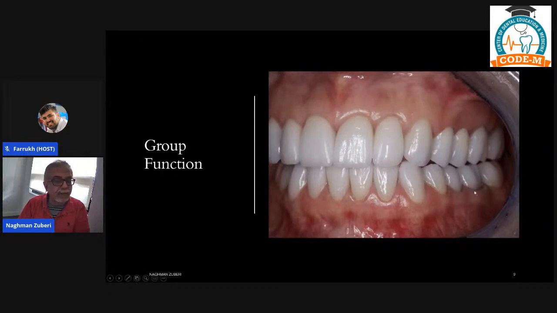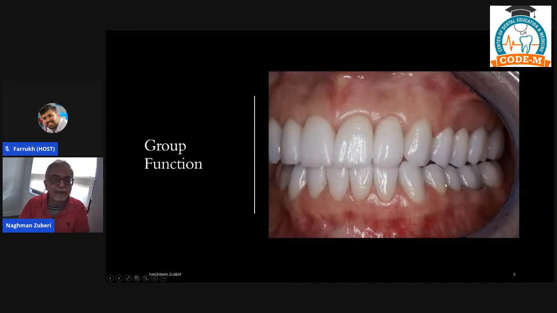We are going to have a separate session on non-carious cervical lesions and how to manage those, inshallah, in future. So I'm not going into the detail, but keep in mind there are various types of non-carious cervical lesions, and one of those is abfractions, and they are caused by trauma from occlusion.